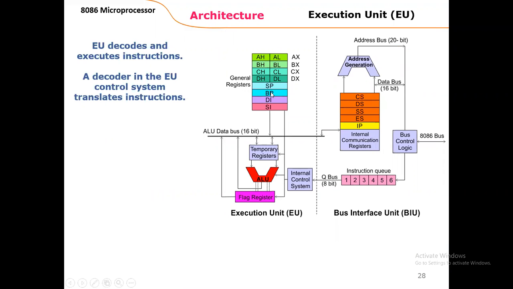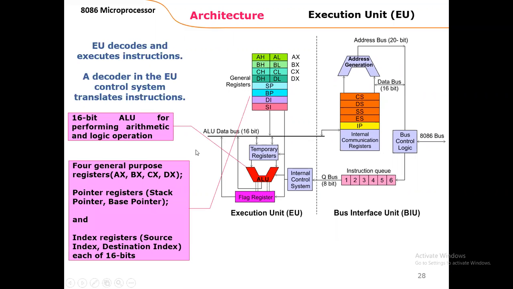Now the execution unit. This is the ALU. These are AX, BX, CX, DX, the general purpose registers, and these are the pointers: base pointer and stack pointer, and the index registers, source index and destination index.